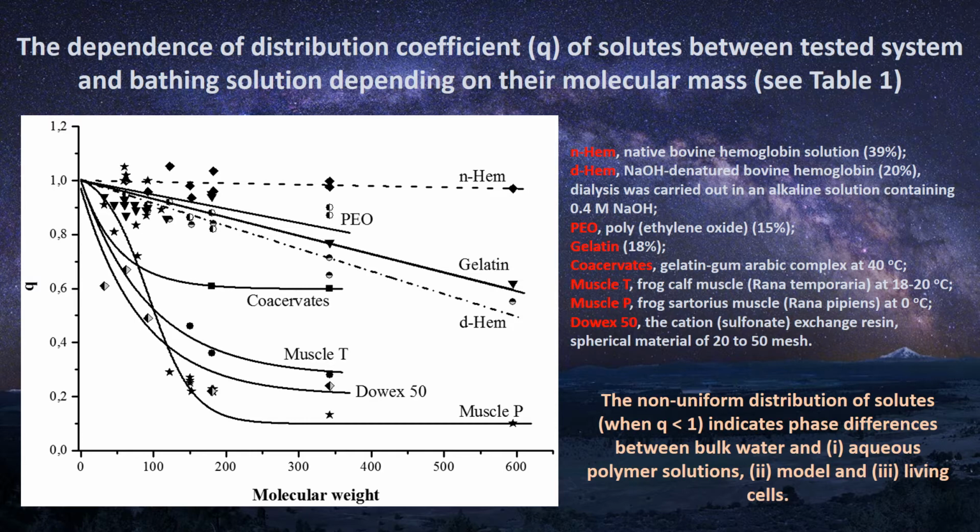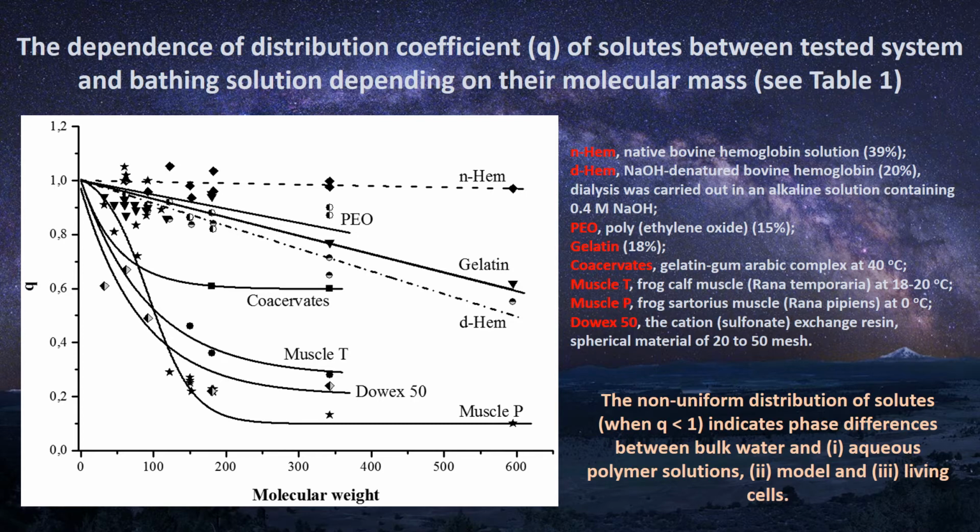In the other case, when hemoglobin has been placed in an alkaline environment due to sodium hydroxide, we see that in the alkaline solution, hemoglobin's ability to affect the water properties sharply increases, and we see here a clear dependence of distribution coefficients on molecular weight of the investigated solutes.